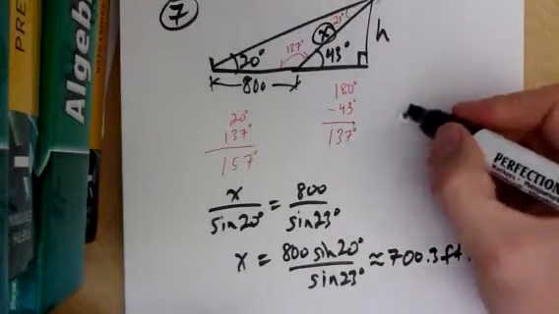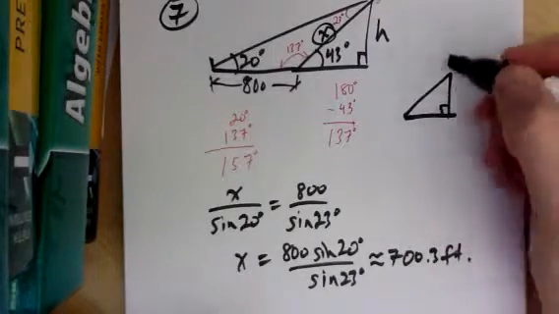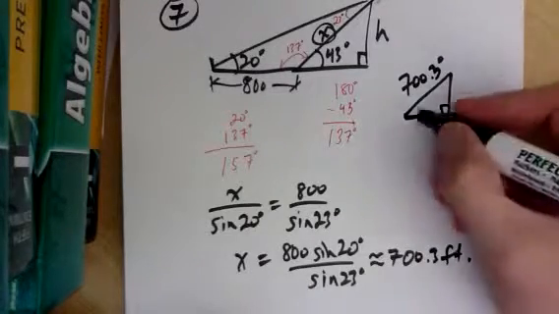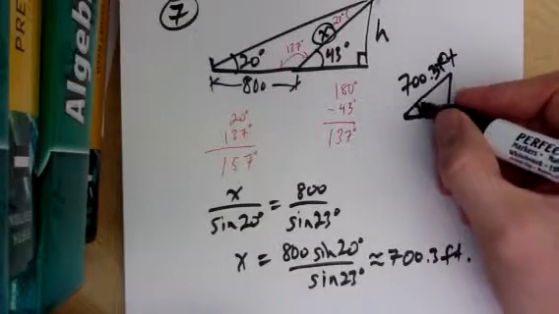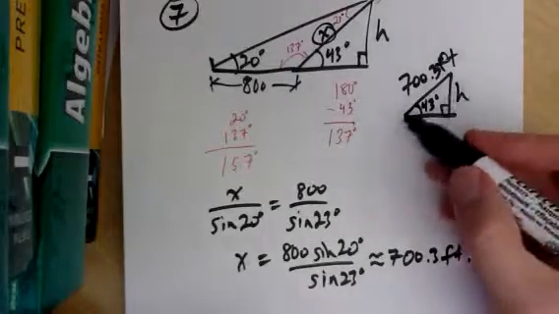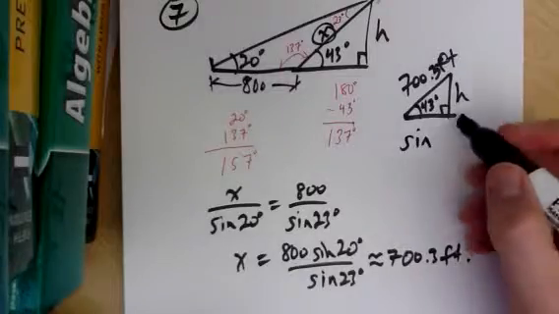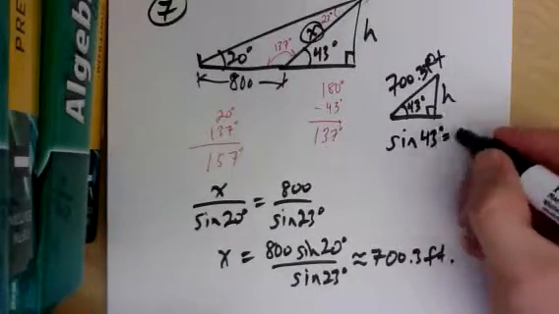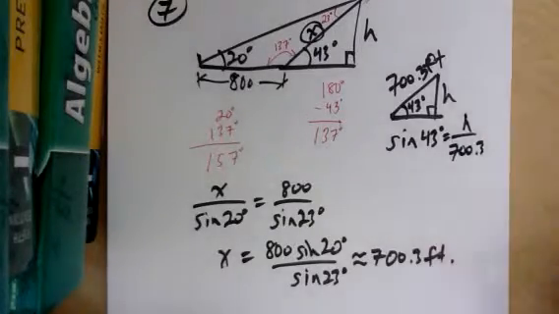Okay, so that means for the triangle on the right, we have the hypotenuse, 700.3 feet, and we have this angle, 43 degrees, and now we just need to find that value of h. If you look at the trig ratio, right triangle trigonometry, the sine of 43 degrees equals opposite over the hypotenuse.